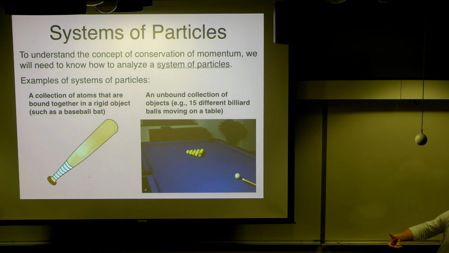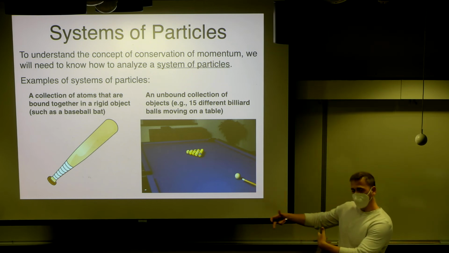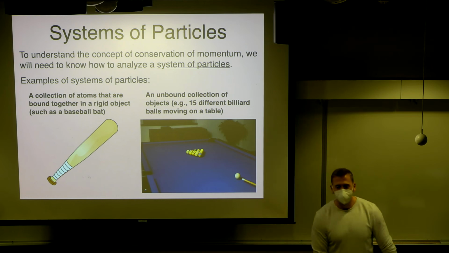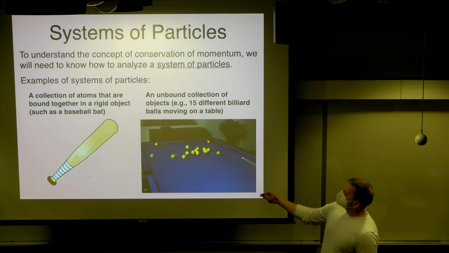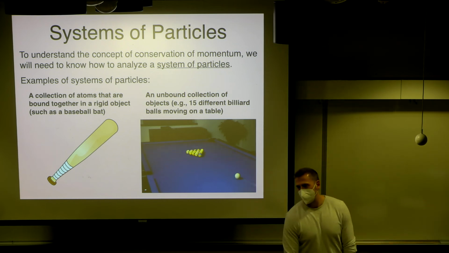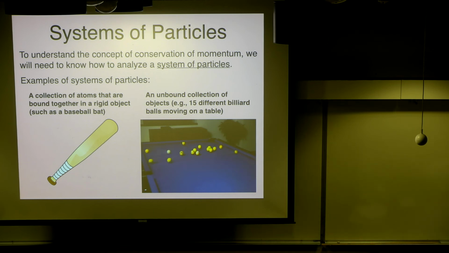Or we could be talking about an unbound collection of objects, like, for example, a bunch of balls moving around on a pool table. They're not all bound together. Each one is moving independently, but together, what they make up is a system of particles. So that's the kind of thing we want to start thinking about.